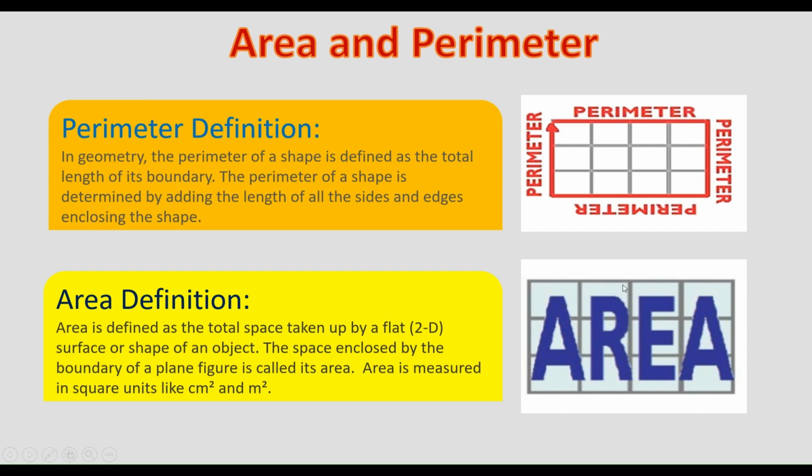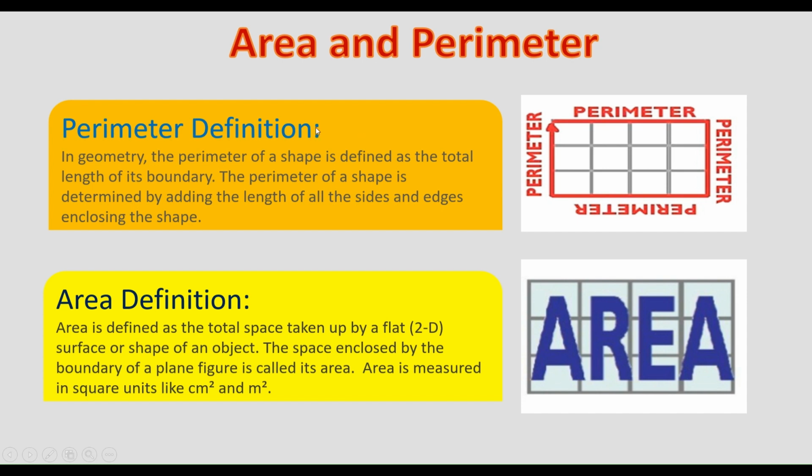The total space taken up by a flat surface or a shape of an object is nothing but the definition of area. Area is measured in square units like centimeter square, meter square. The space enclosed by the boundary of a plane figure is its area.